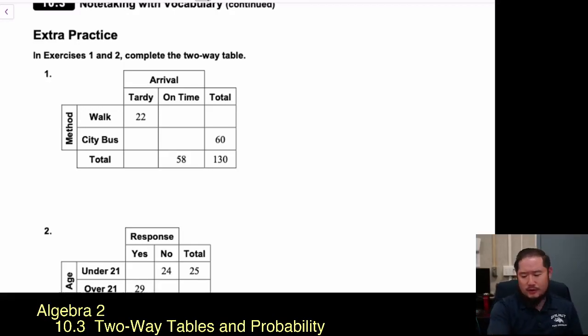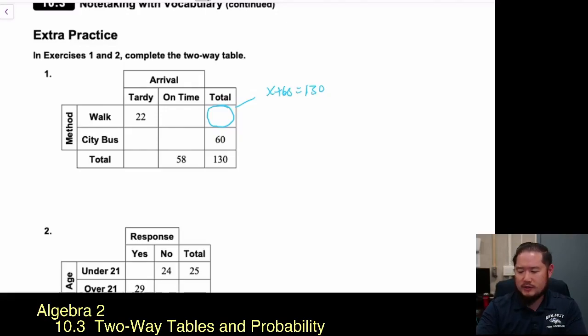One thing that pops out to me right here is that we should be able to find the total walkers. If I know that the total is 130 and I have 60 on the city bus, it would be x plus 60 is equal to 130. That would be our mathematical equation to find walkers.